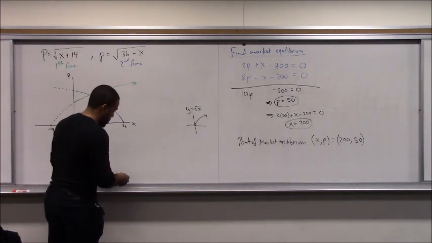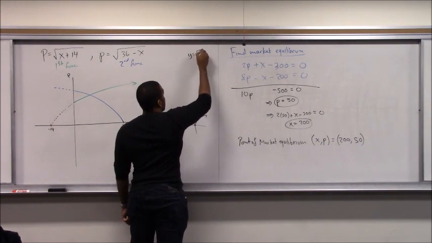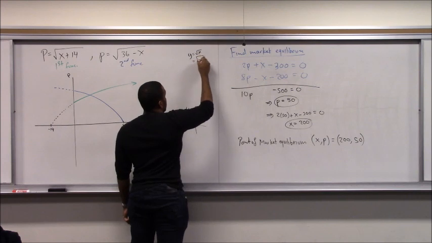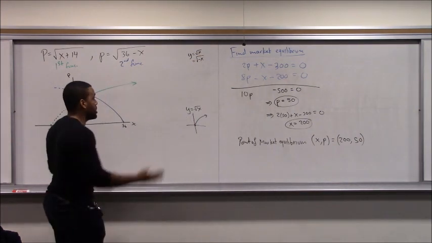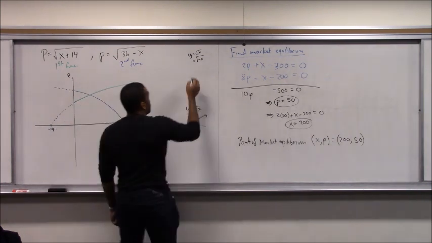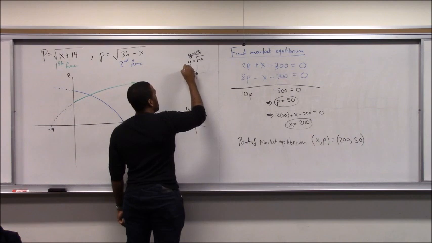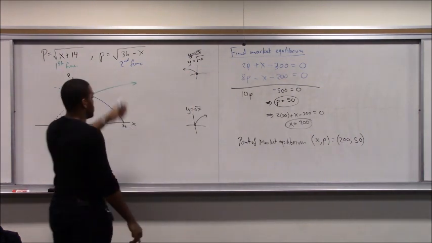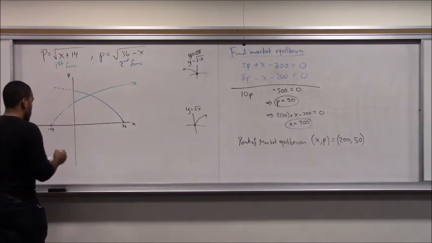Why? Because what we looked at was you start out with radical x. If you change it to minus x, remember the transformation of functions says if you replace x with minus x, it flips it. So if you look at the square root of minus x, that looks like this. And then what we did was we moved it 36 units. So ultimately it looks like that.